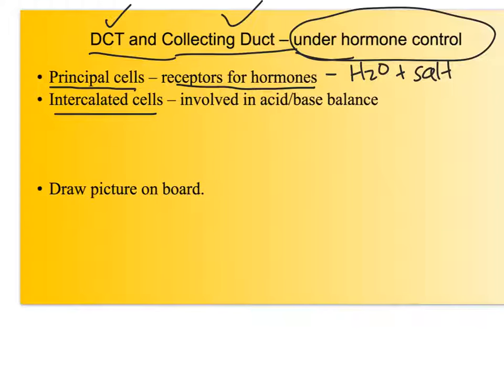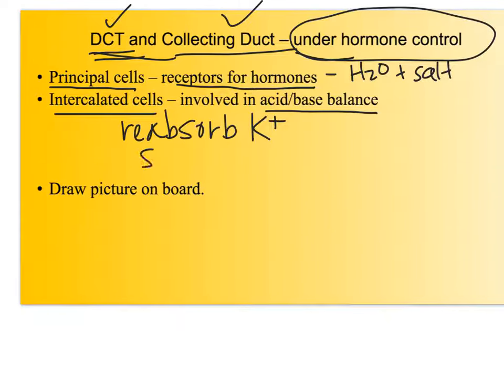These cells are involved in acid-base balance, and they're just integrated within the DCT and the collecting duct. These cells are going to reabsorb potassium and secrete hydrogen ions. So they're all about acid-base balance, and we're going to talk about all that in a later chapter.